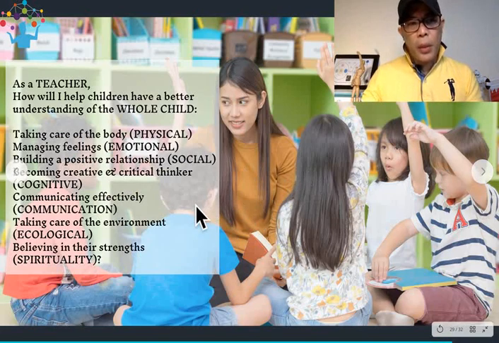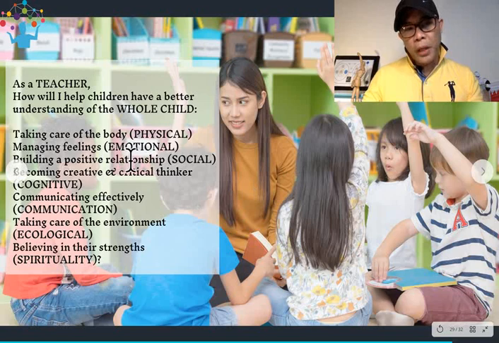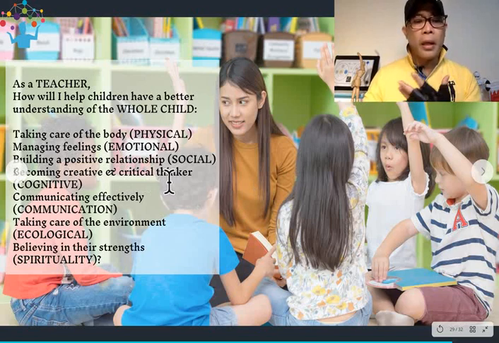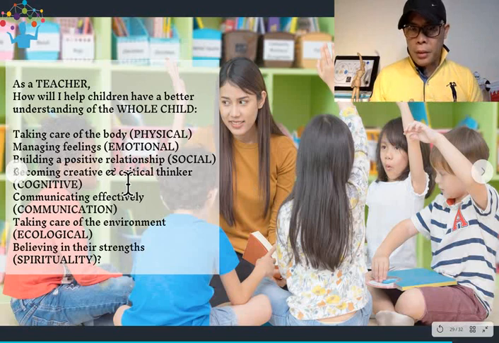Next, as a teacher, how will I help children have a better understanding of the whole child? For example, taking care of the body, managing feelings, building positive relationships, becoming creative and critical thinkers, being able to communicate effectively, taking care of the natural environment, and believing in their strengths.